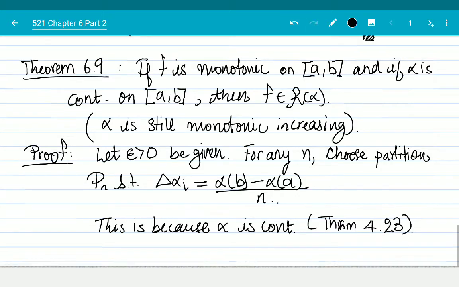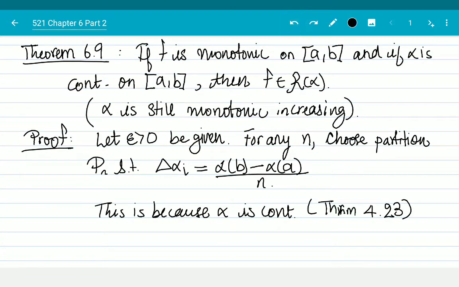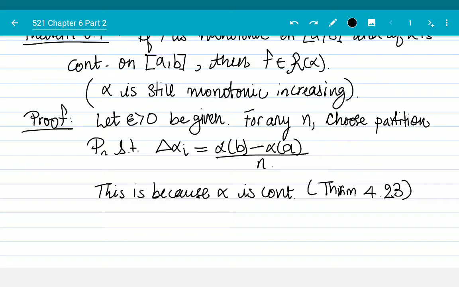I look at integral multiples of these values, and I know there is a point where I can break it. Take that as my xi. So we can do that.